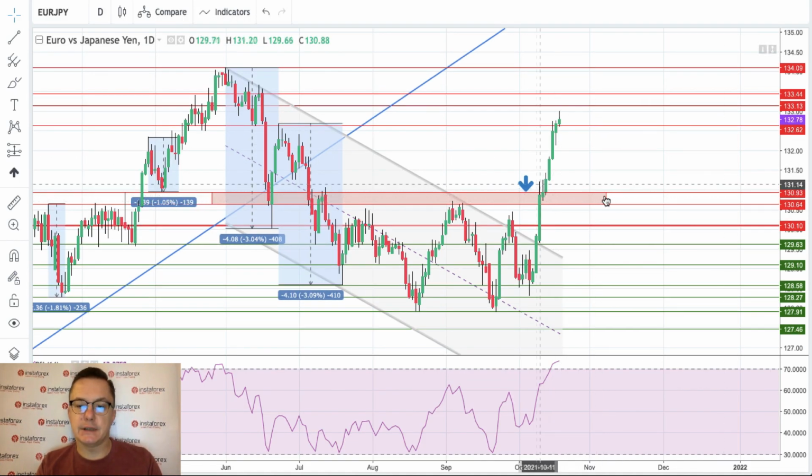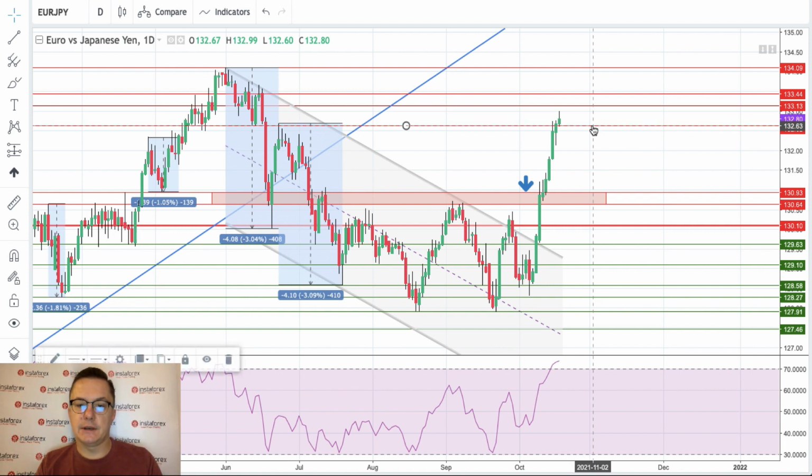We are going to start our technical analysis with the recent breakout of the euro to Japanese yen. As we can see, we broke above this supply zone, we broke above the short-term technical resistance, and we are approaching the level of 133.13, which is, of course, technical resistance.